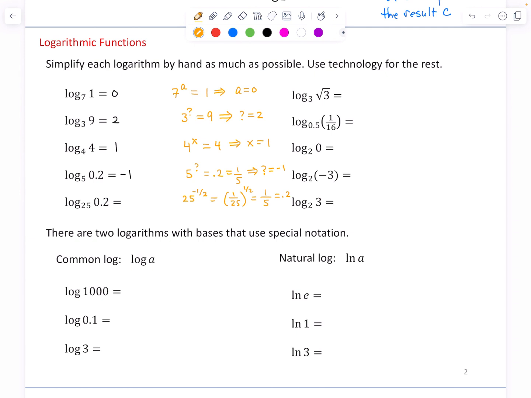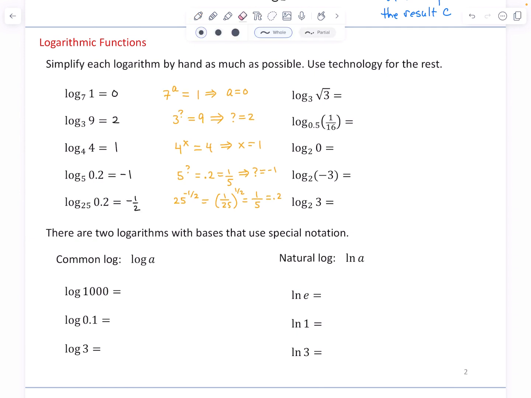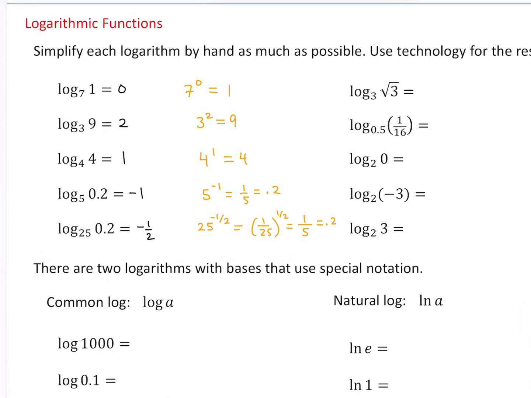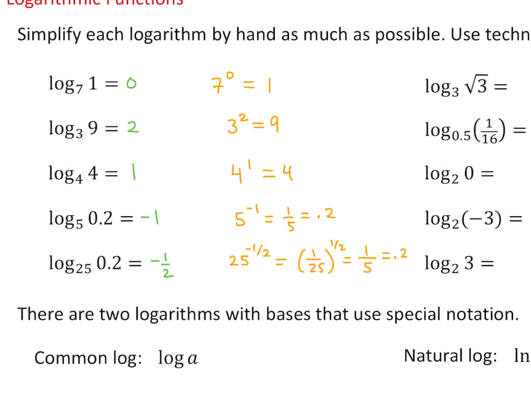So the power needed on 25 to produce 0.2 is negative 1/2. Now for all of these, I'm going to change my notes to reflect the exponential forms of these log statements, and observe that all of these answers I've obtained are exponents.